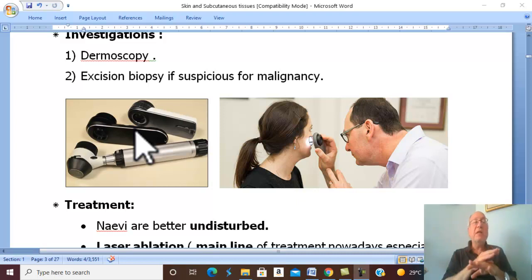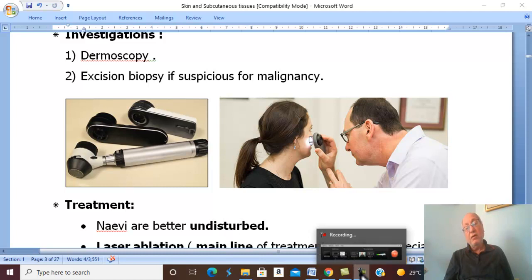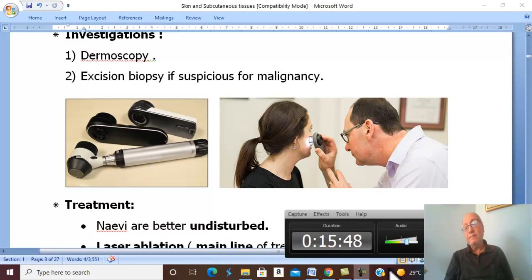Therefore, the main line of treatment nowadays is laser ablation, especially in the face, and surgical excision in any part of the body is available for cosmetic reasons, suspicion of malignancy, or in areas with chronic irritation. This is the nevi or moles. Thank you for good listening and good luck.